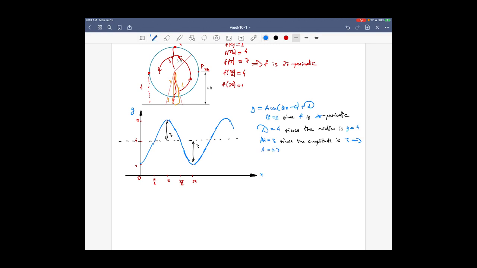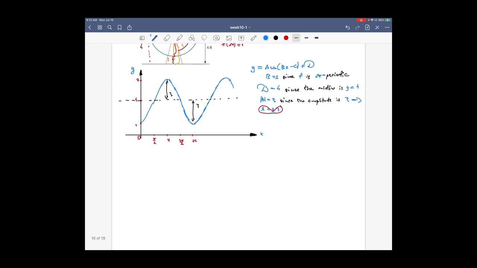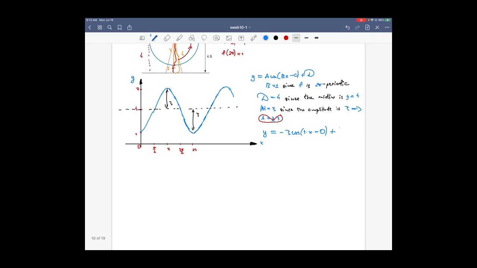And I would like to try negative 3, because to me that looks like a reversed cosine. Positive cosine would look like this. Negative would look like this. And I want to try negative 3 cosine 1 times x without any horizontal shift plus 4.